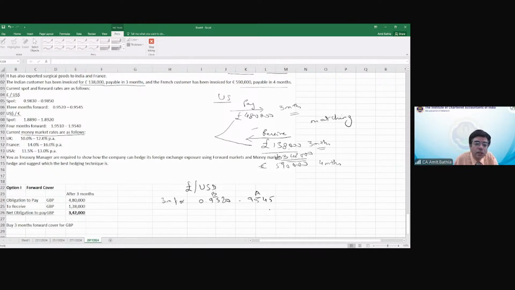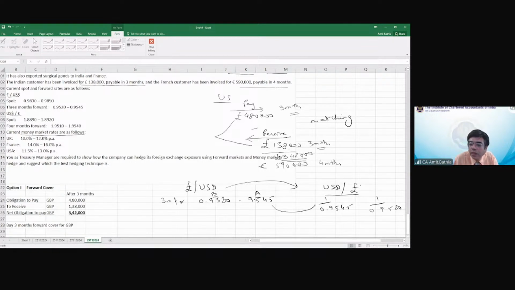What is the base currency over here? So GBP is the base given, no? So should I first of all convert this into reverse? Yes, sir. USD to pound, right? So now what will this become? My ask will become bid. So this will become 1 upon 0.9545, and here I will have 1 divided by 0.9520.